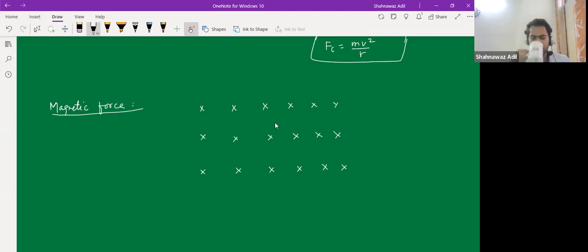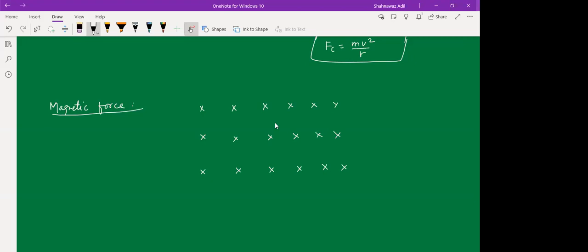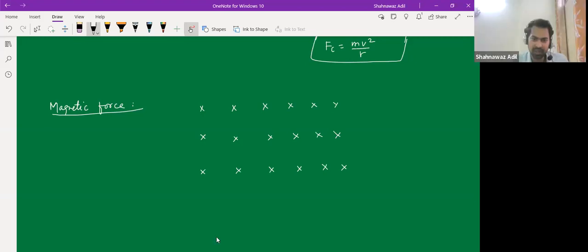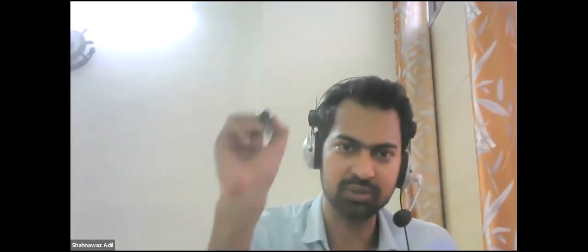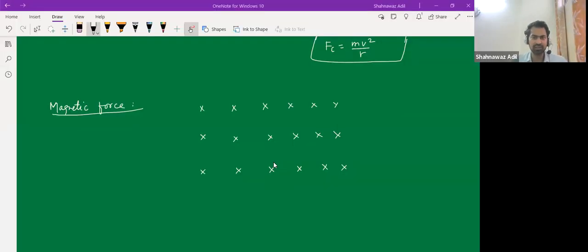What is the direction of magnetic field in this case? Yes, good. So this means that all the magnetic field is going in what direction? At every point, the magnetic field is going inwards. So the magnetic field, as Aisha said, is inwards.